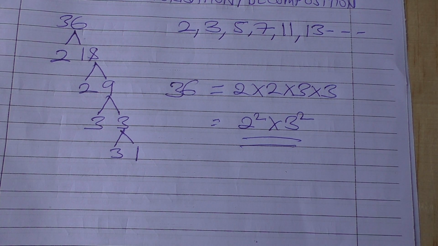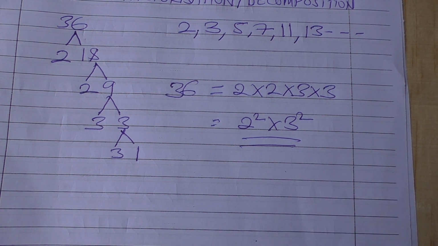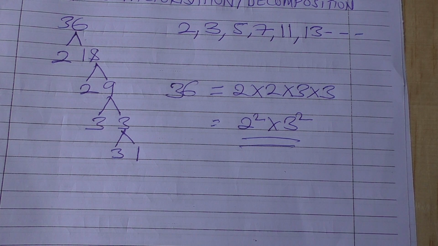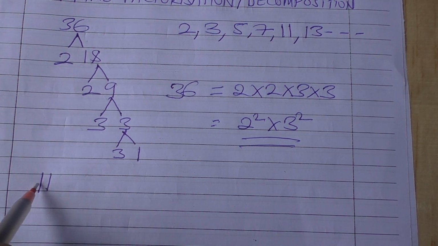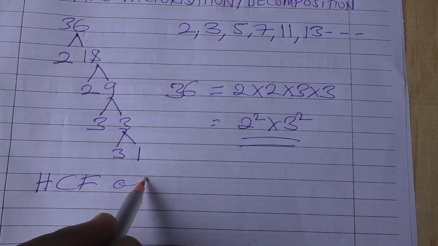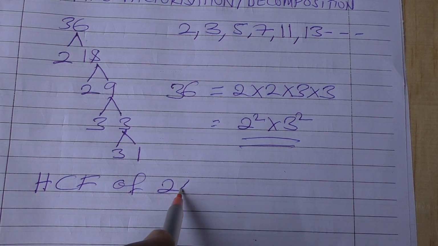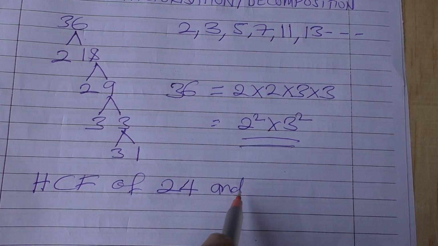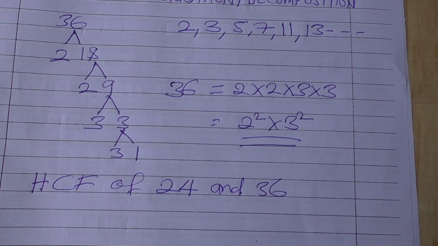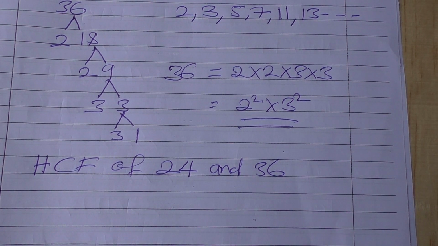That was by using the ladder method or listing the multiples of the numbers. For prime factorization, for instance, let us look at how we get the HCF of 24 and 36 using prime factorization.